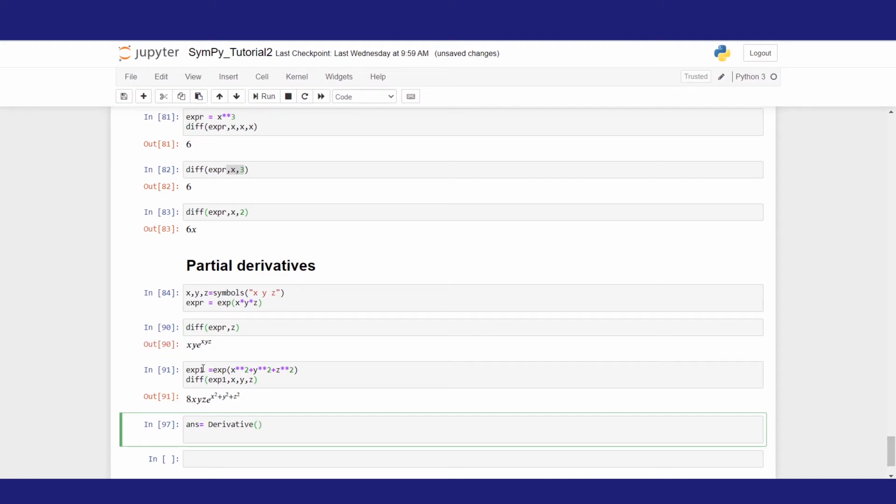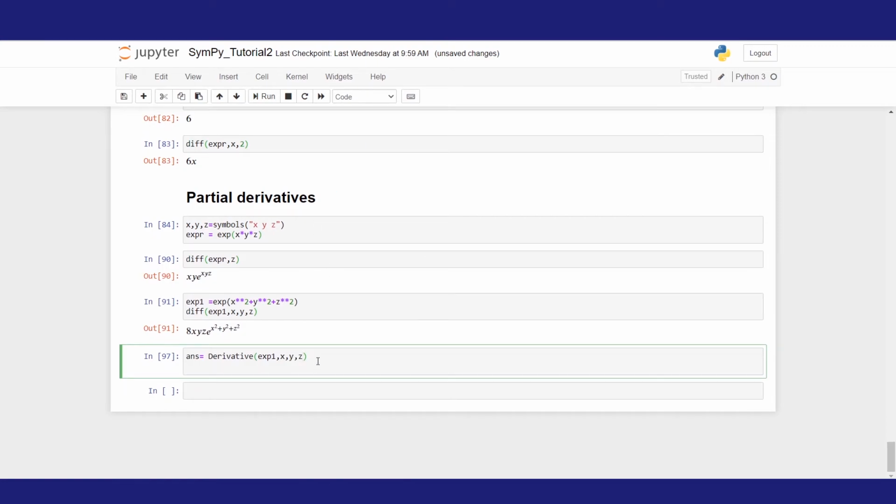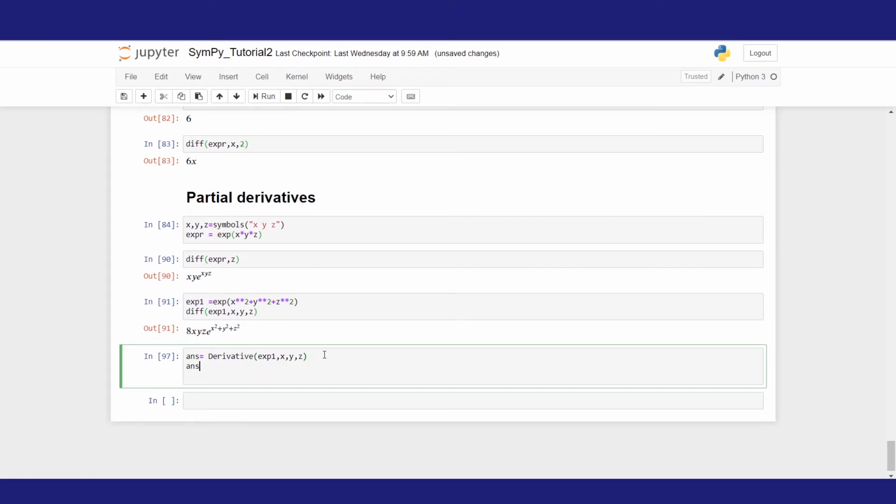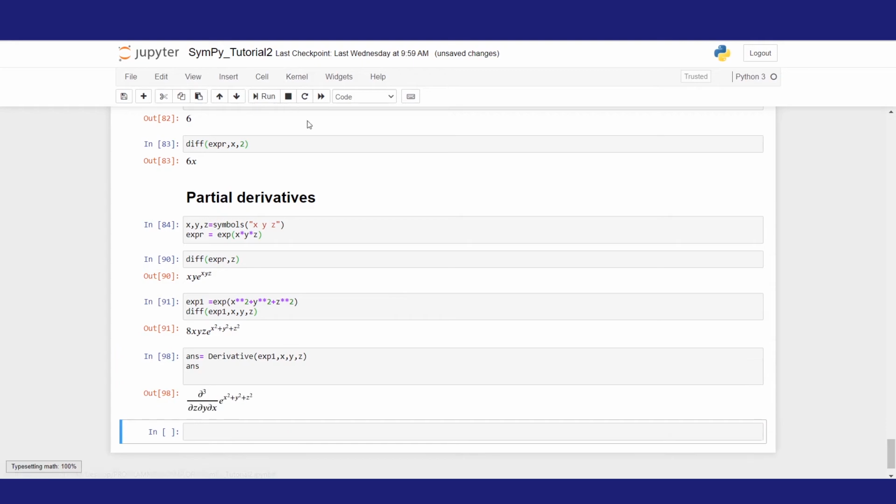We are going to differentiate exp1 partially, but we need to specify with respect to what. So this is going to be with respect to x, y and then z. If I just call that as my answer, this is going to give me d cubed dz dy dx of that same expression.